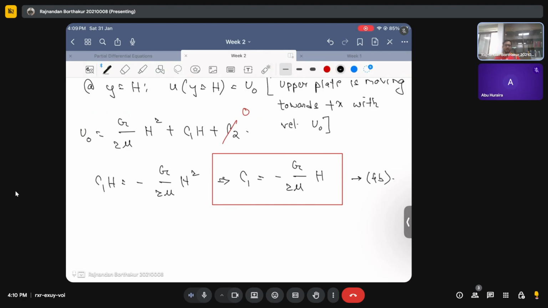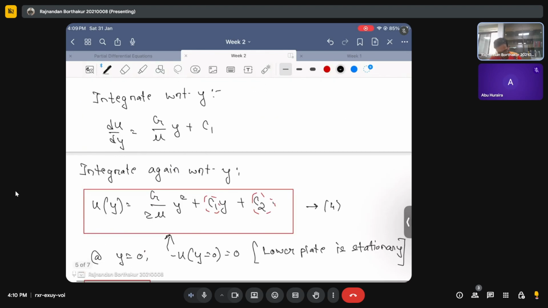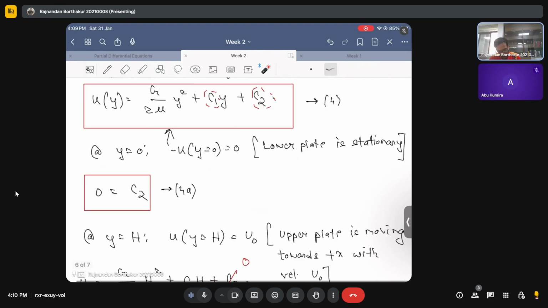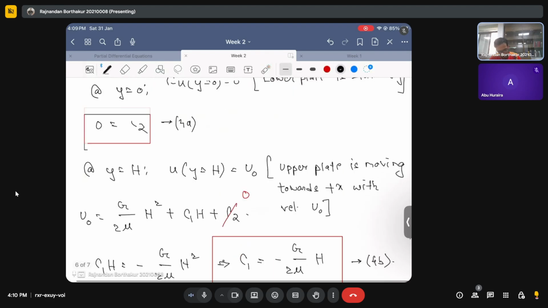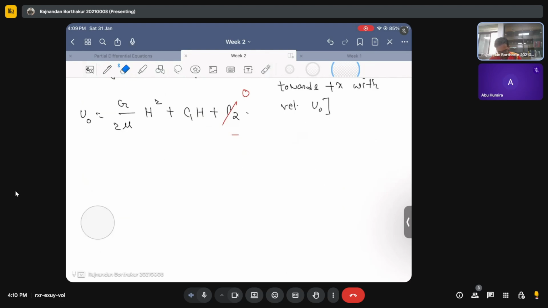All right, then we are all set to write the full velocity profile, u as a function of y, which is equal to g by 2 mu y squared plus c1 y plus c2. I know c2 is 0 and I know c1 is basically equal to this, which means I can then write it as, oh, I think I made a mistake. I'm very sorry, I just made a mistake in simplifying this. See, there is a u naught. This u naught is there, right?